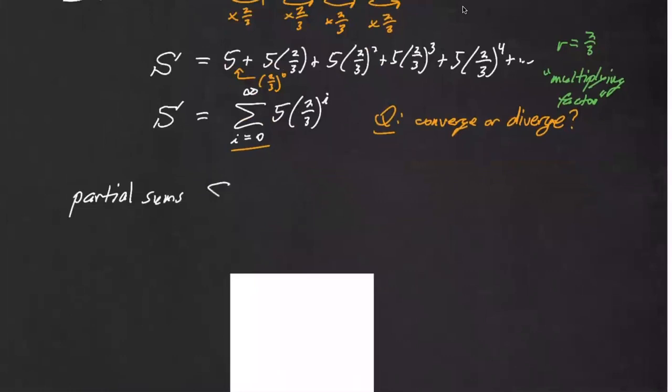We call S_n the sum from i equals 0 to n, 5 times 2/3 to the i.